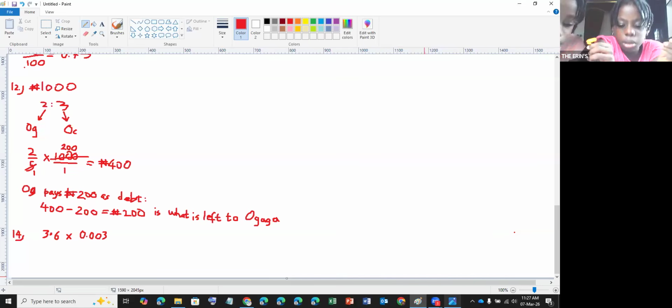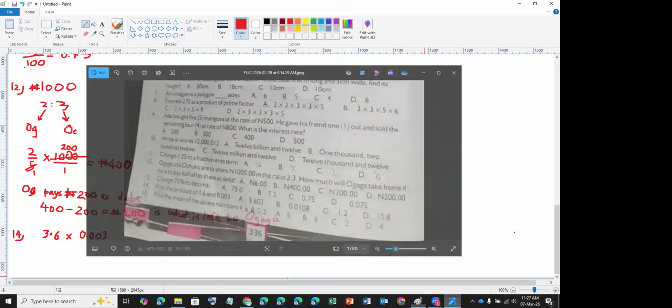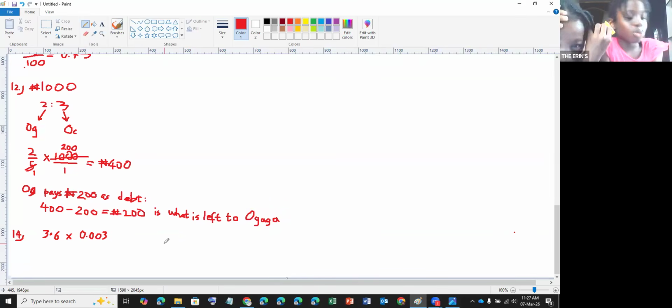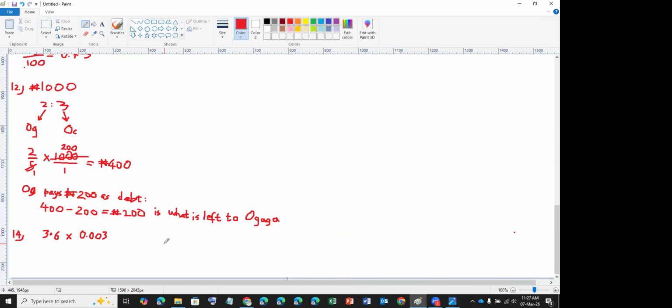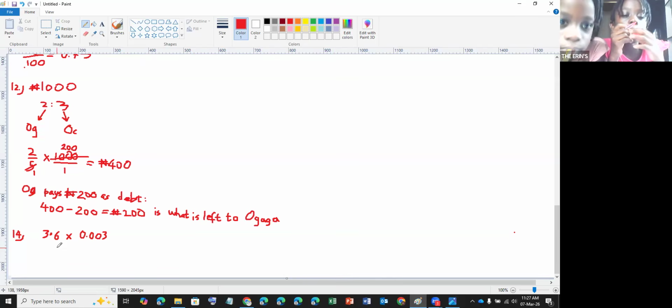Okay, I've written down number 14. Can you see it? How can you guys see Faith? She's beating me. She took my pen. Favor, what's the answer to this question? Sorry, how would you solve this question, number 14?